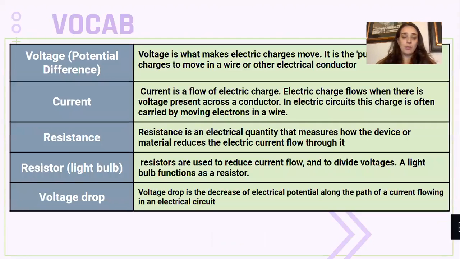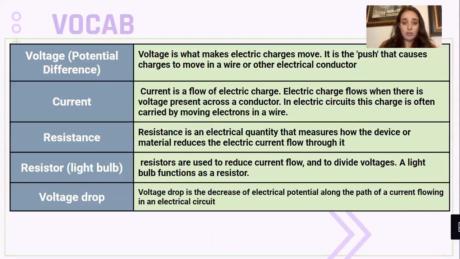All right, so before we move on, I just want to remind you of the key vocab words that you're going to be using to write up your conclusion. So just a reminder, voltage, which is the same as potential difference. Those two words are interchangeable. Voltage is what causes electric charge to move, right? And then current is the actual flow of electric charge.